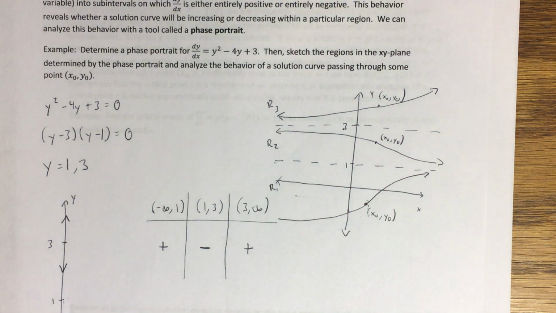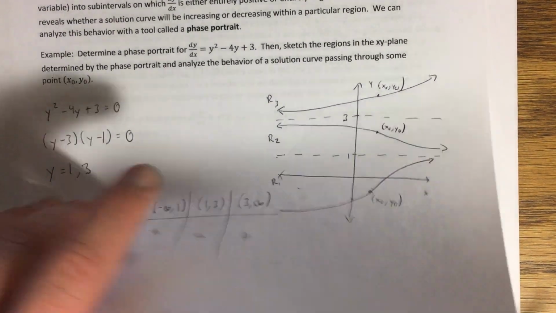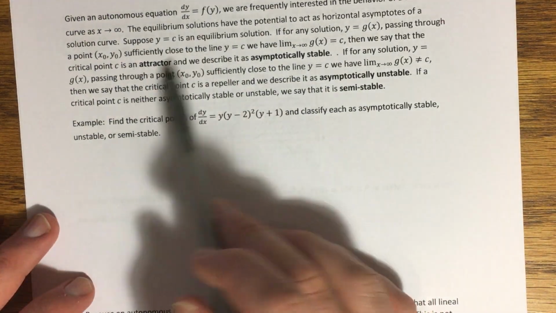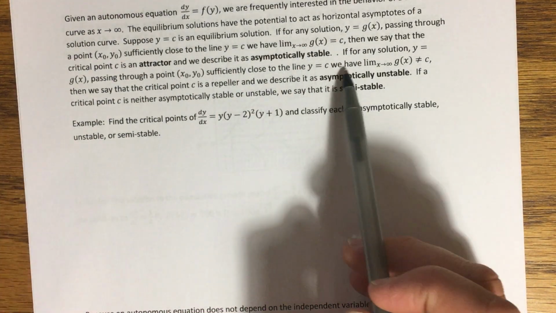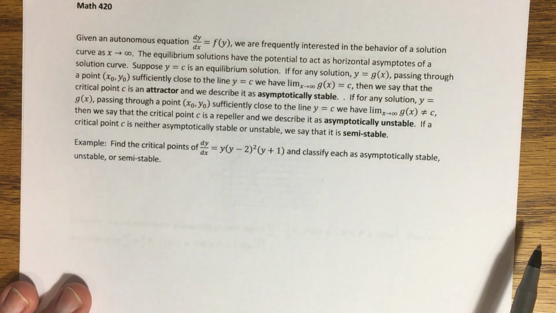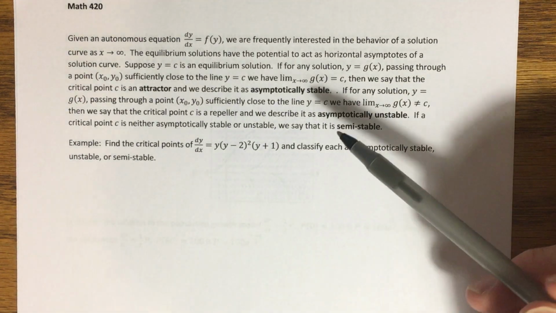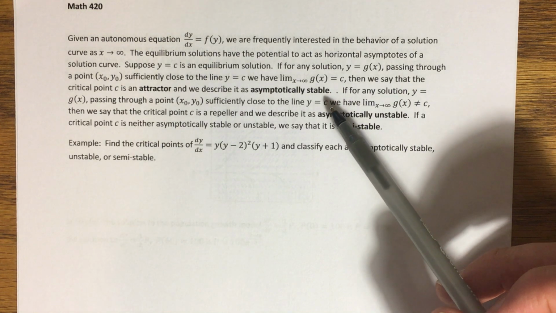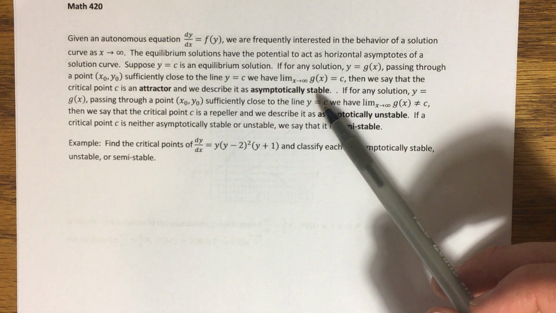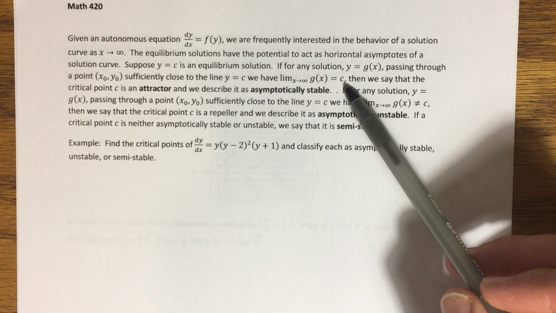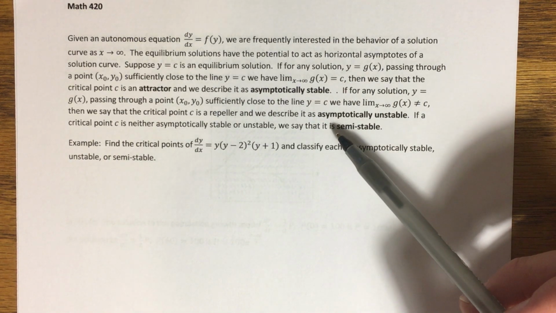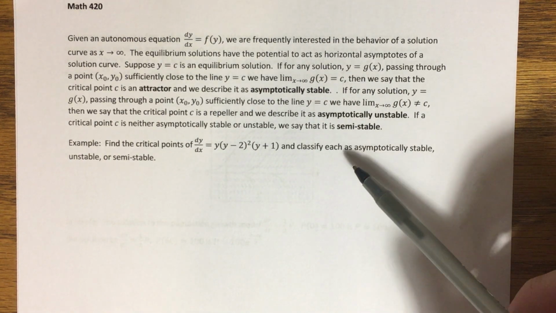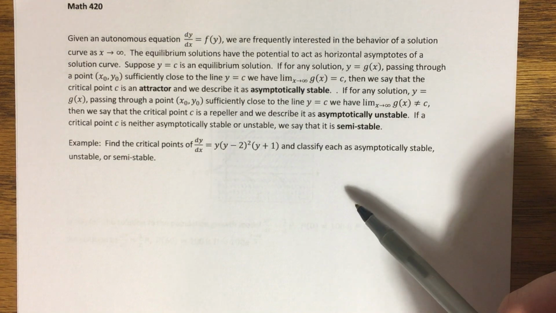I give those definitions here, and I use some limit notation, but that's intuitively what's going on. Now, it's possible for a critical number of an autonomous differential equation to be neither asymptotically stable nor unstable.